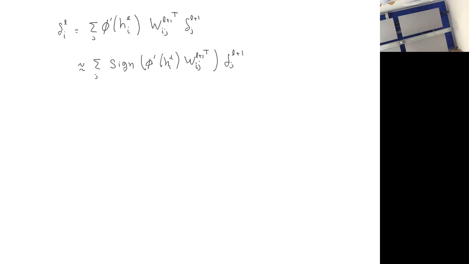Okay, and suppose I did that. In fact, because this term is a gain function, it's always positive. Phi is an increasing function of HL. This is equal to the sum on J of the sign of W I J L plus 1 transpose delta J L plus 1. Okay.